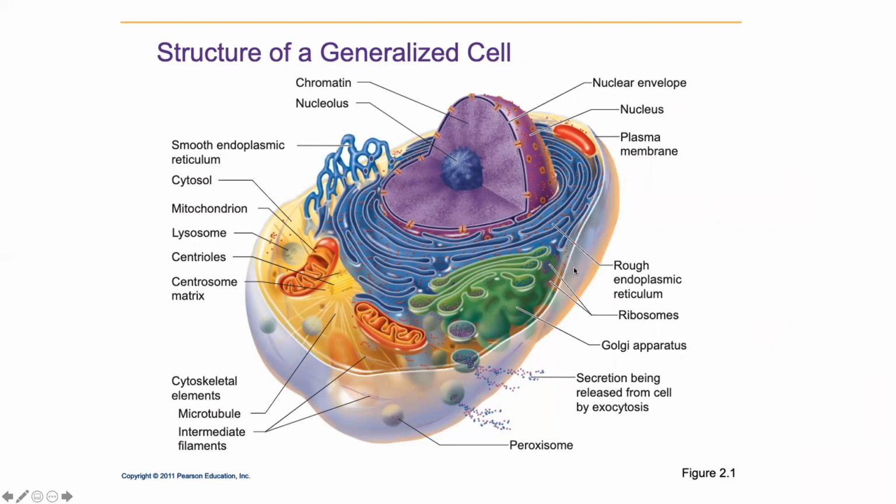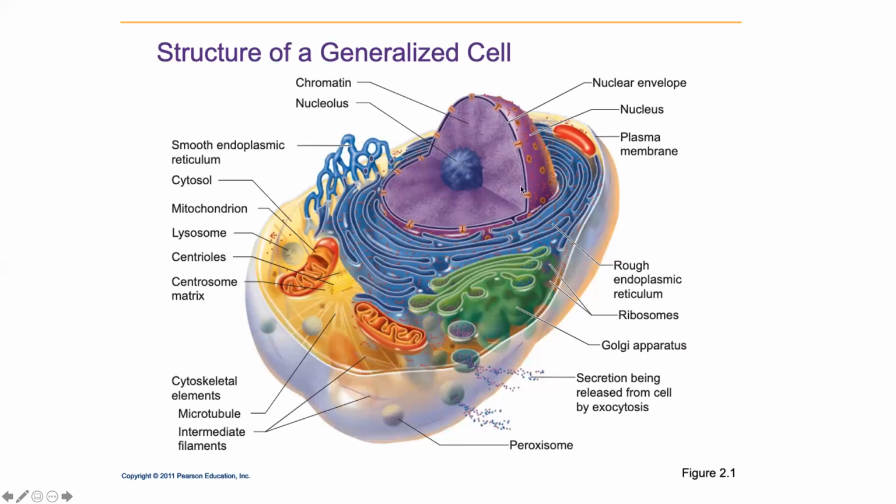Inside the plasma membrane, we have the space, which is filled with multiple contents. This space is called cytoplasm, and cytoplasm is filled with a fluid structure, which we call cytosol. In the cytosol, there are many organelles floating around, including the nucleus.